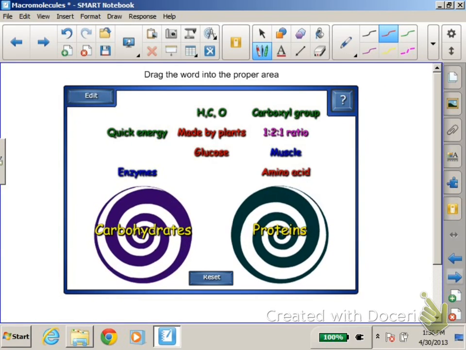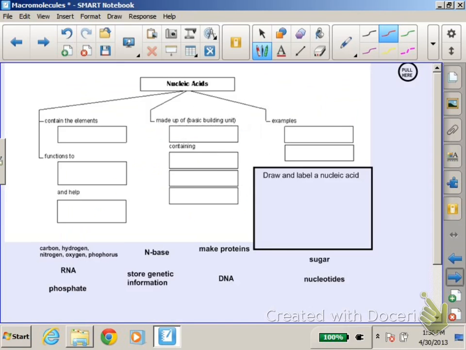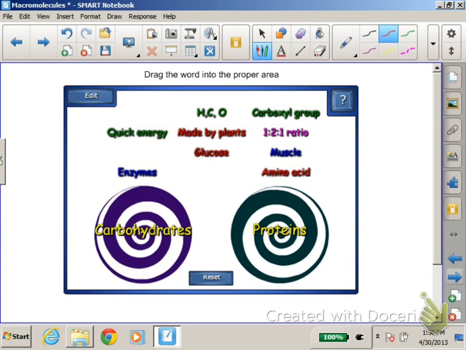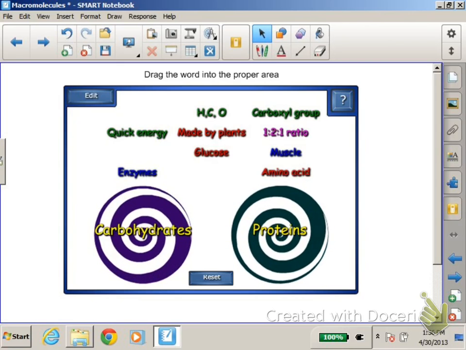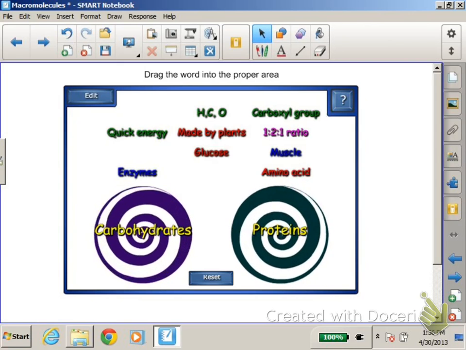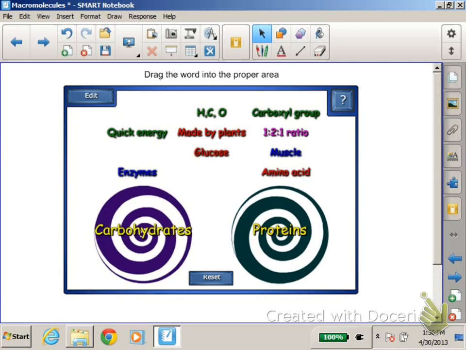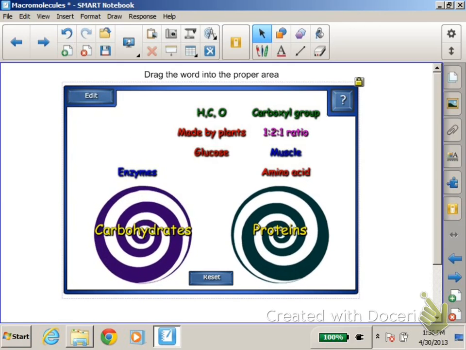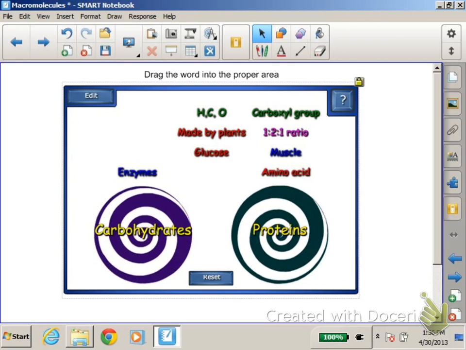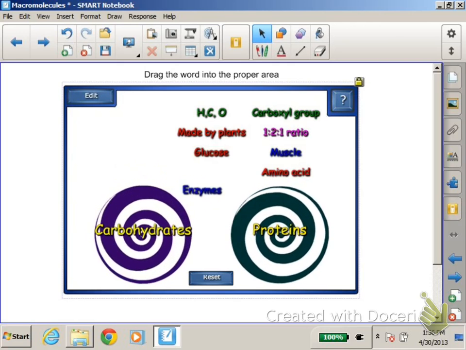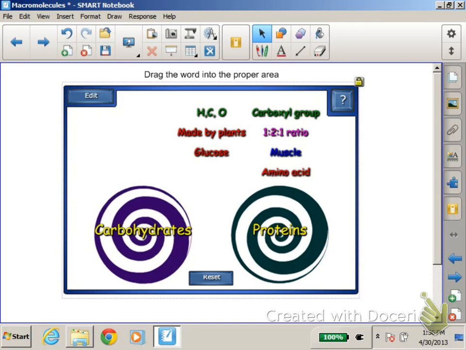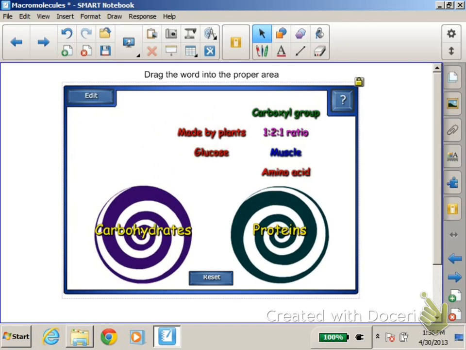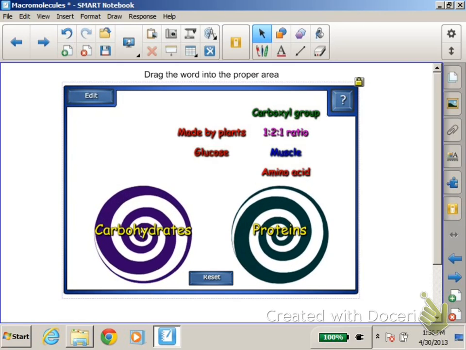Okay, one of the things that you need to be able to do is know the difference between your carbohydrates and your proteins. So the first one is quick energy. Go ahead and be thinking about where you would put that. Quick energy is going to be your carbohydrates. Let's go to enzymes. That should be proteins. Carbon, hydrogen, and oxygen. That should be carbohydrates. Made by plants.